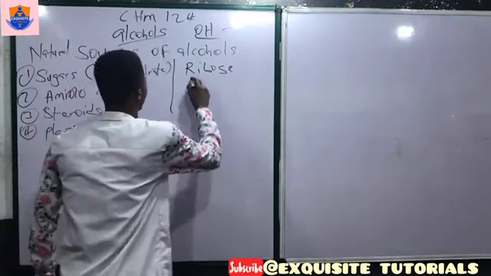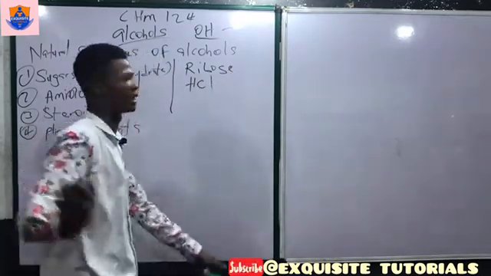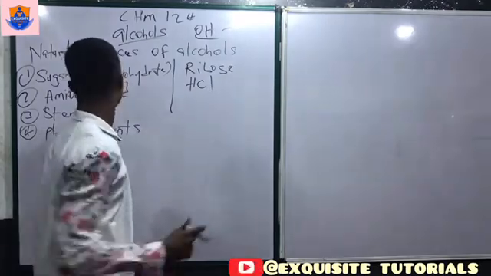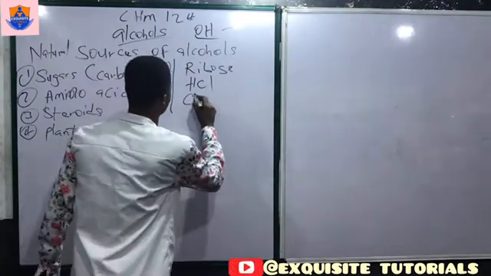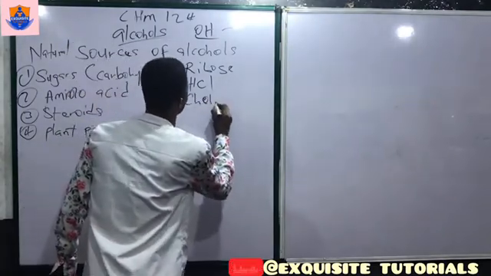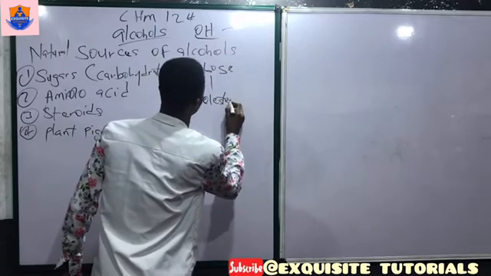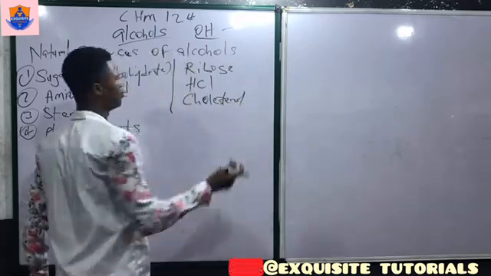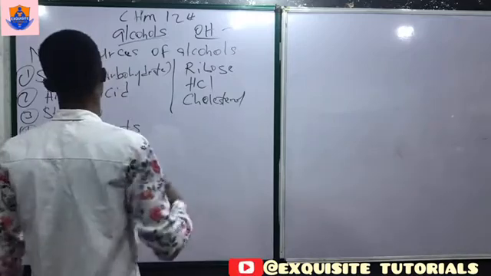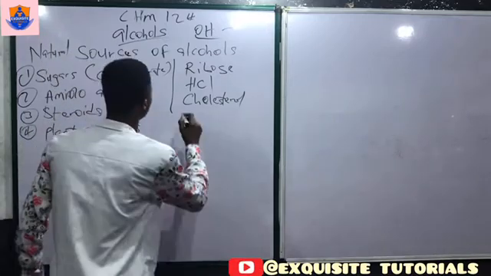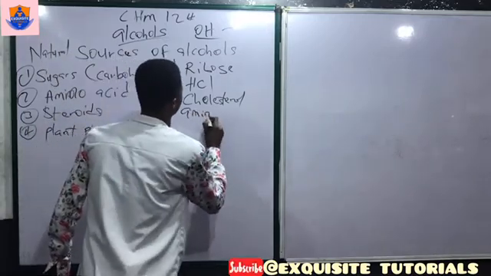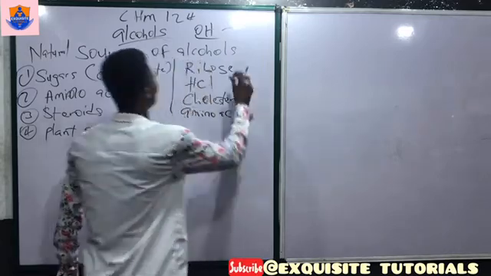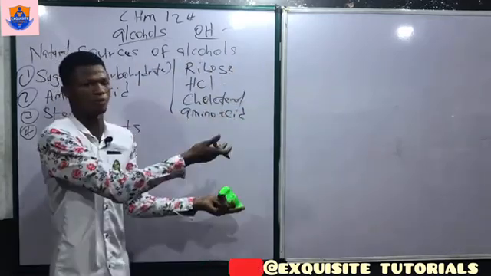Number two, we'll have HCl, which is an acid. Number three, we have cholesterol. And number four, we'll have, let's say, amino acid. Now, which of these is not a natural source of alcohol?